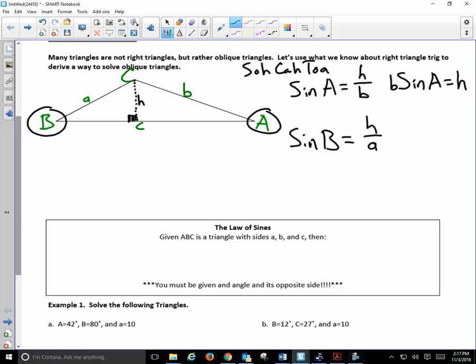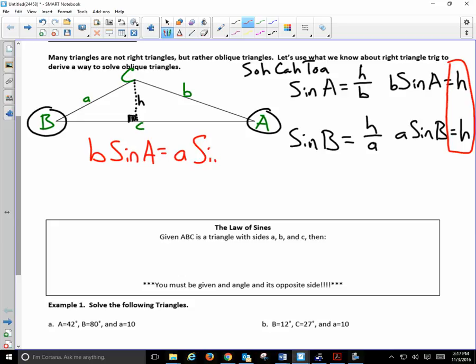What can I multiply both sides by here? A. I get A times the sine of B is equal to H. Hey, if they're both equal to H, then they should both be equal to each other. In other words, B times the sine of A should be equal to A times the sine of B.